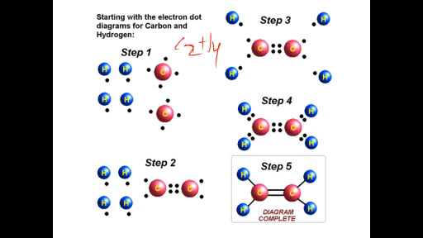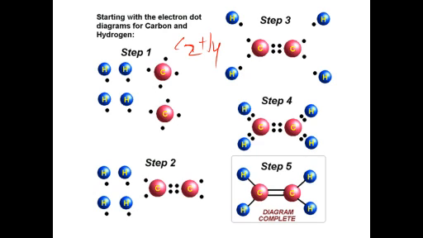So here you have 2 carbon atoms and 4 hydrogens. You have the interaction between 2 carbon atoms. They share 2 pairs of electrons, so a double bond. And then each hydrogen atom gets 1 electron each. So everybody's happy.